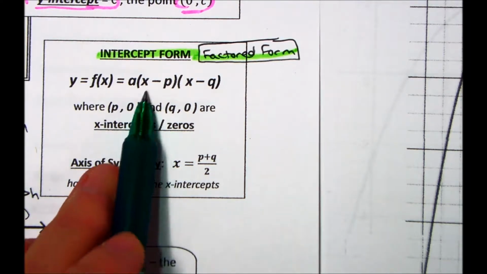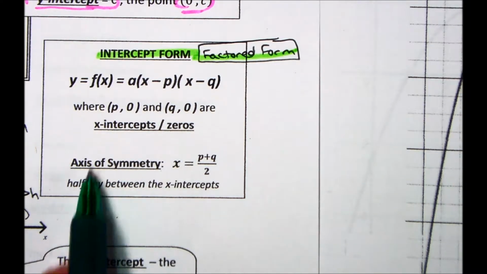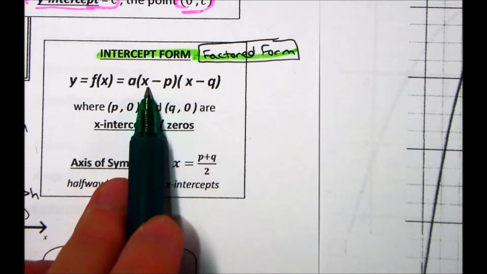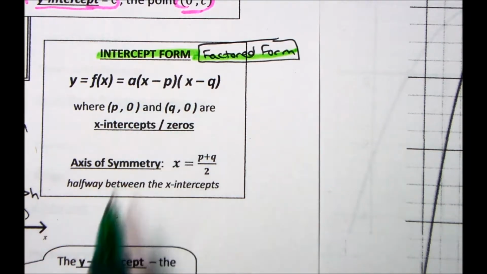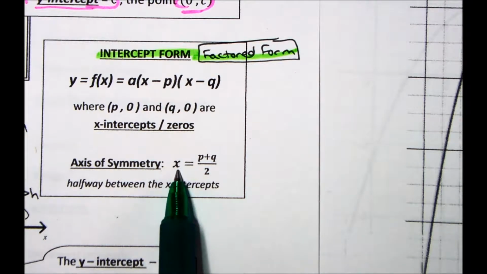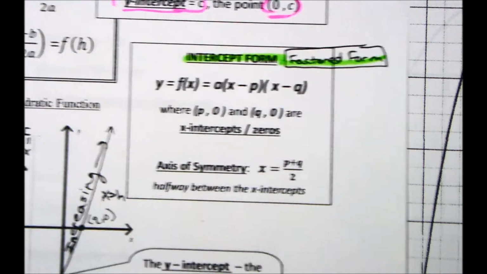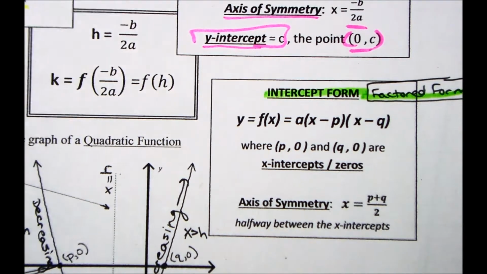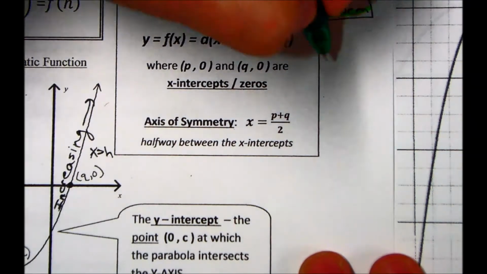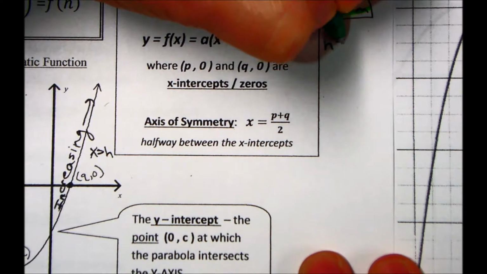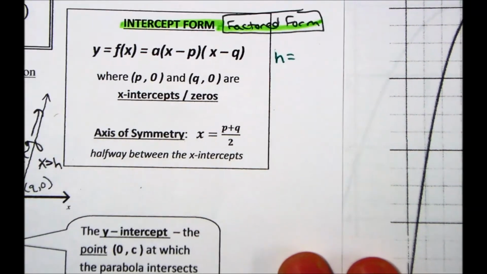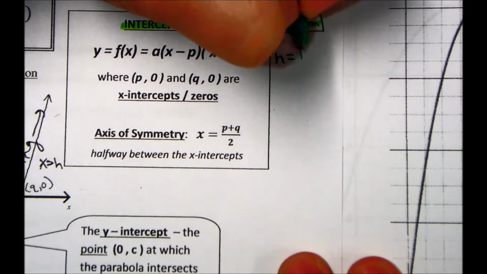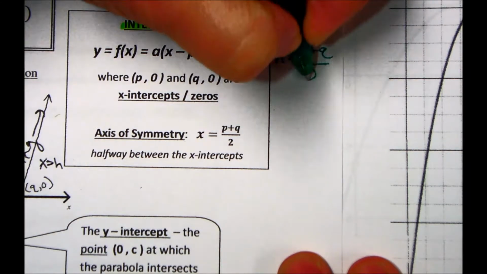Now, once it's in intercept form, to find the vertex, the x-coordinate of the vertex is, I thought I put it on here, but I guess not. To find h, the formula is p plus q over 2.